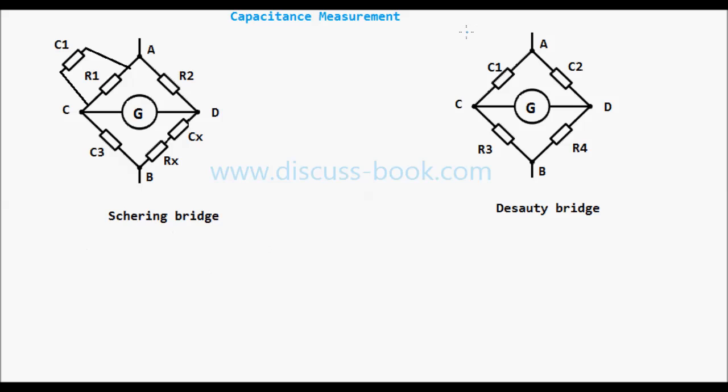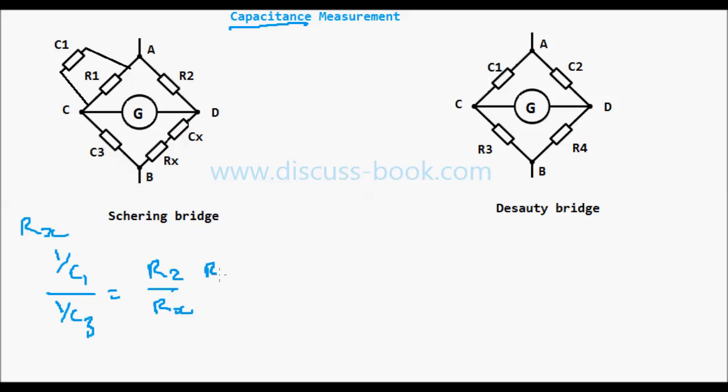Now in order to find the equation for the Schering bridge, which is used for capacitance measurement, for Rx we have to use 1 upon C1 by 1 upon C3 is equal to R2 by Rx.